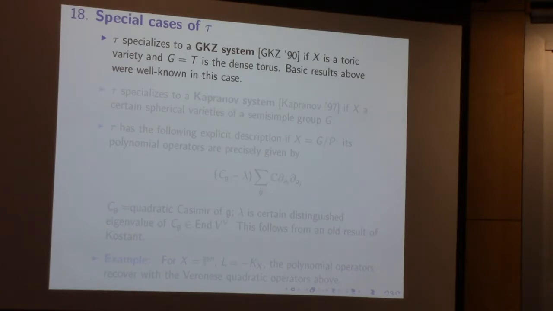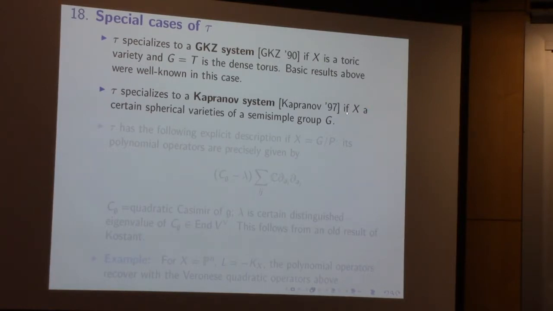As I said, tau is actually well studied in many important cases. Here are two of them. If you specialize X to a toric variety and take G to be the dense torus, then tau would reduce to a GKZ system. And the basic results I mentioned earlier are very well known in this case as well.